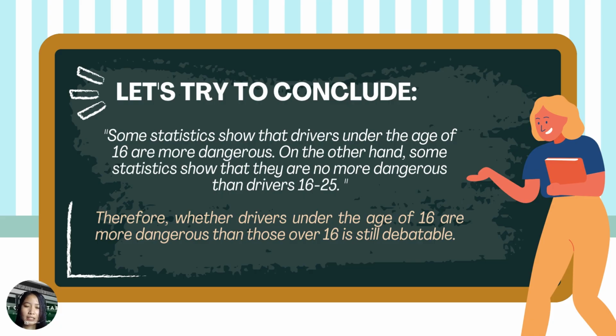Given the information that we have, some references say that drivers under 16 are more dangerous than those 16 to 25. They are contrasting, so that already gives us an idea that it is still debatable. Based on our prior knowledge, there are some cases of accidents involving drivers of such age and age range. Therefore, we come up with the conclusion that the idea is still debatable.